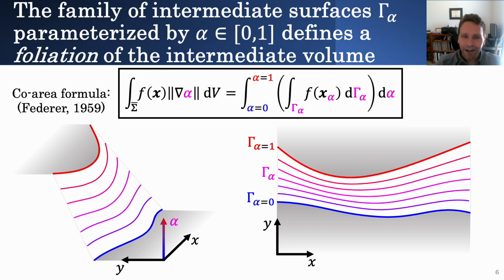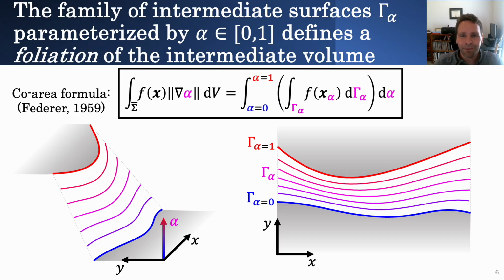That's the nice thing about this co-area formula. And it's also nice because in general, supposing I wanted to integrate over this intermediate volume, that makes sense up to the point when that volume becomes degenerate, when those two surfaces are perfectly touching each other. The volume form, dv, becomes null, and you can't really evaluate this integral in a meaningful way. However, if you multiply dv by the norm of the gradient of alpha, then that particular quantity actually remains well defined even in the limit as those two surfaces come into contact, or even if they were to invert.